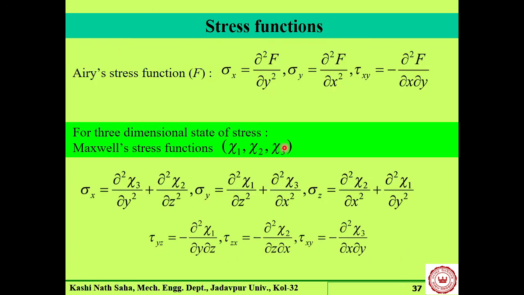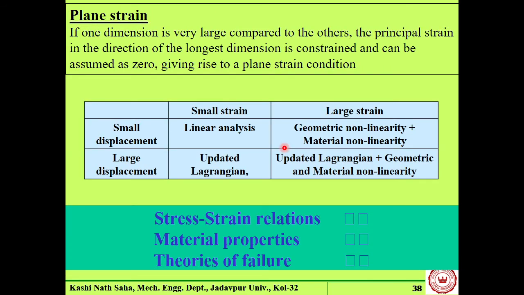Then the point is that these stress strain relations are obtained from material properties. For different materials, these stress strain relations are different. So, that is a function of the type of material for which we are discussing this stress strain relation.